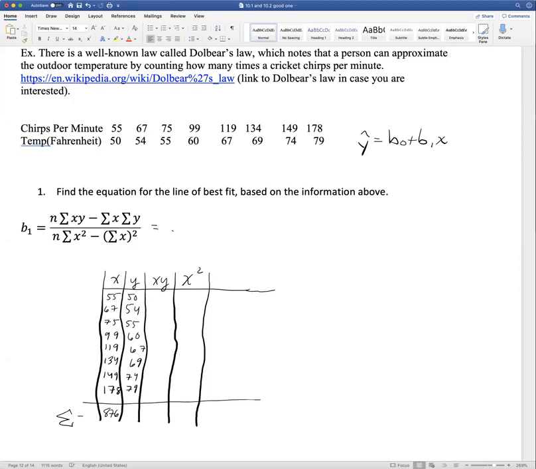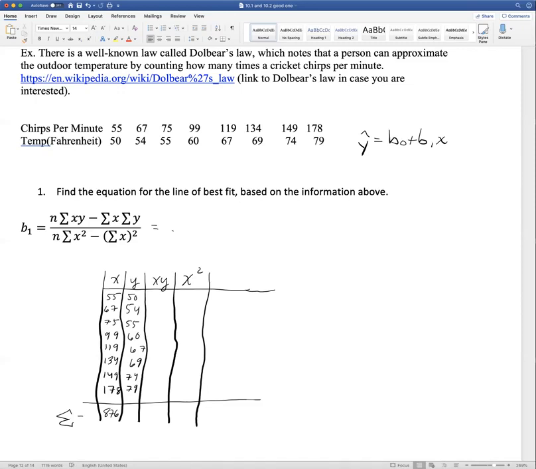I'm going to check my work for this too, because I believe I've been making some computational mistakes. Minus 178, minus 149. Okay, that looks good.